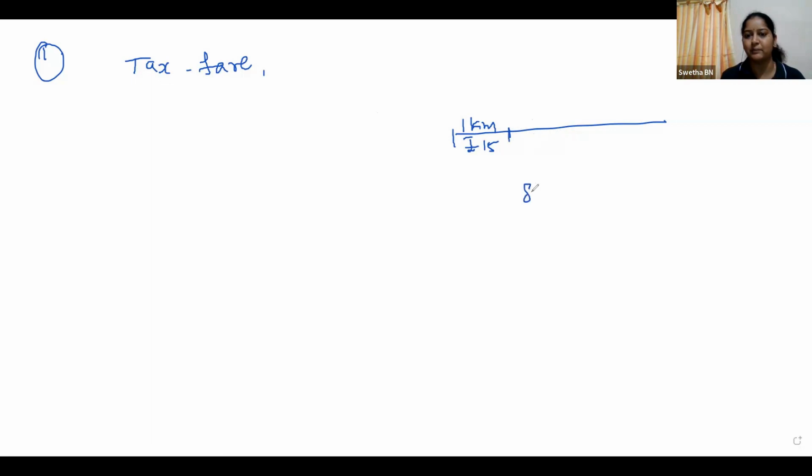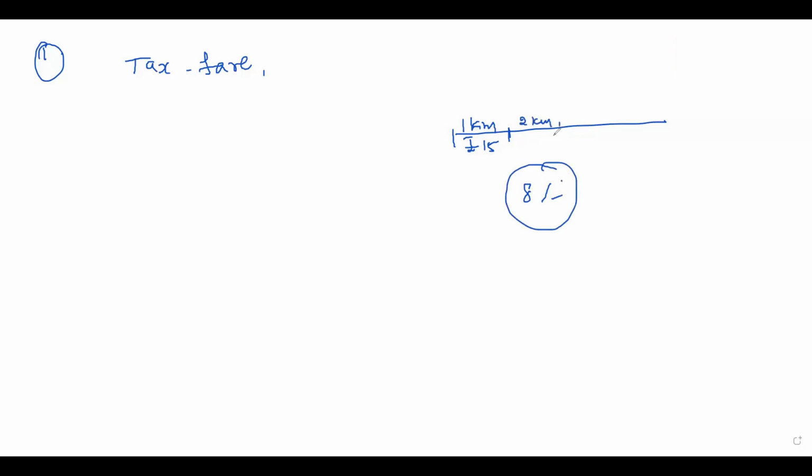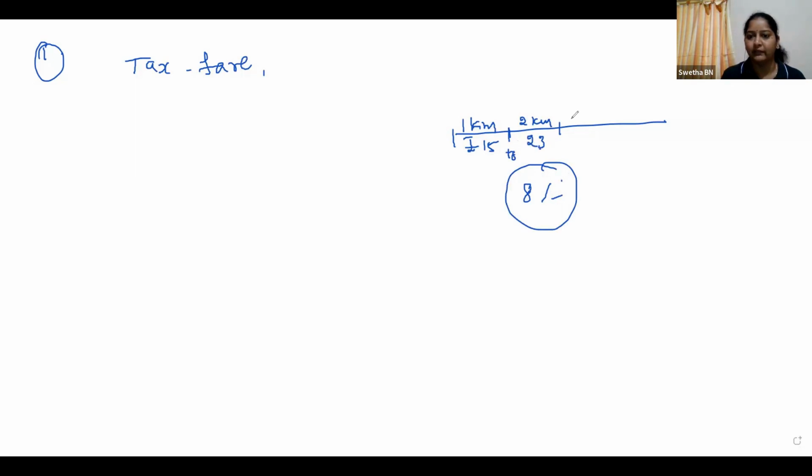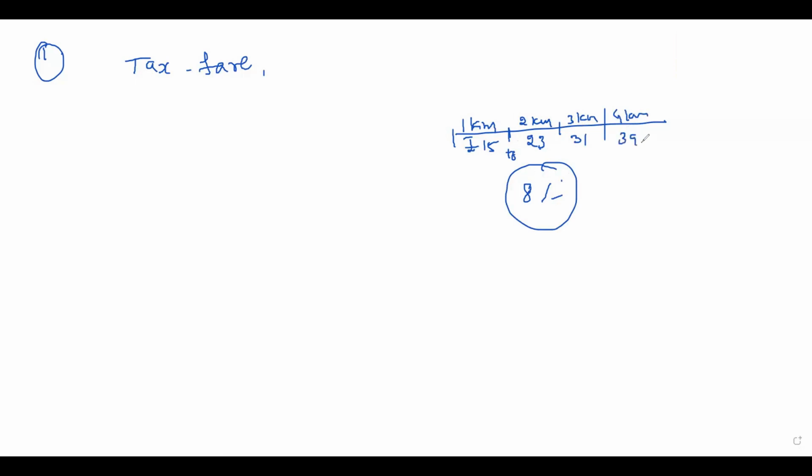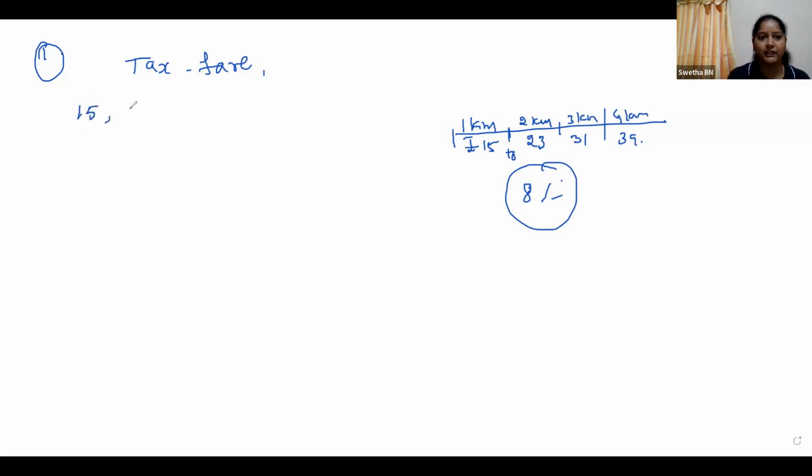For the next kilometer, 15 plus 8, that is 23. Then for 3 kilometers, 23 plus 8, 31. Next for 4 kilometers, it is 39. Shall I write the numbers here? First number is 15, second number 23, 31, 39, and so on.